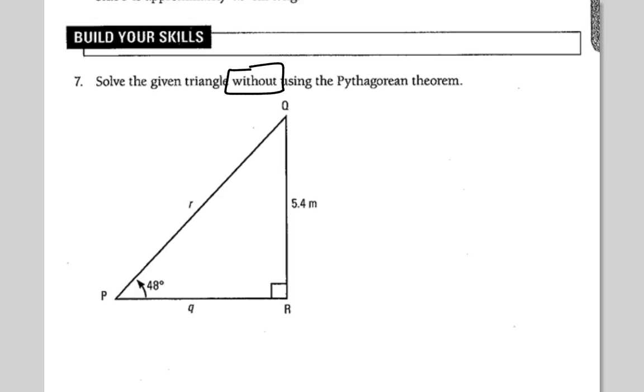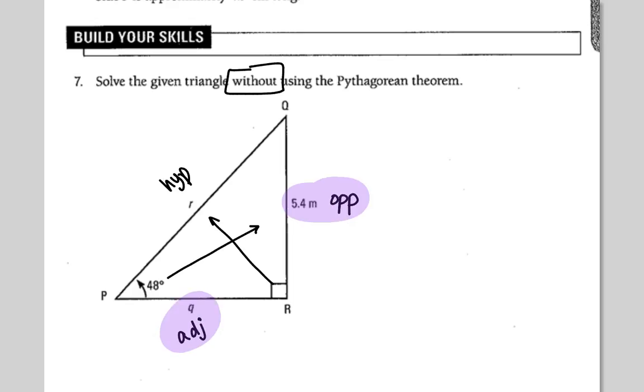So let's identify what we know. Using the angle 48, 5.4 is the op. Using the 90 degree angle, we know that R is the hyp, so that must mean Q is the adjacent. So if I want to find the adjacent using the op, I'll have to use tangent.